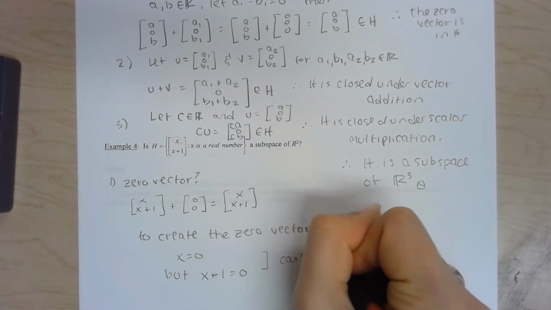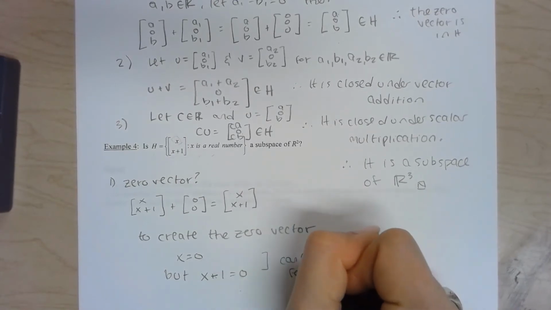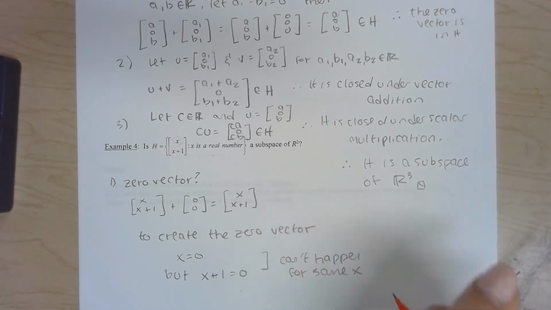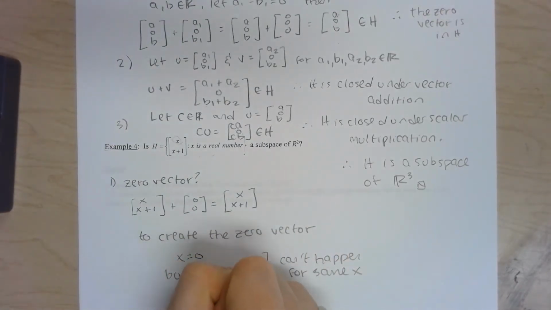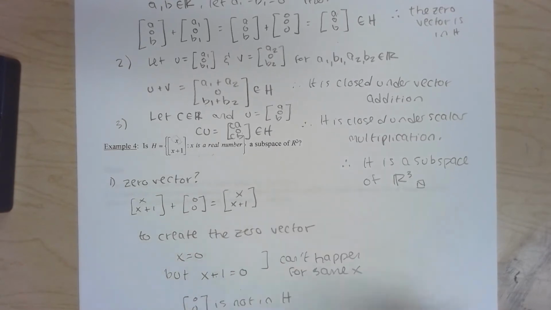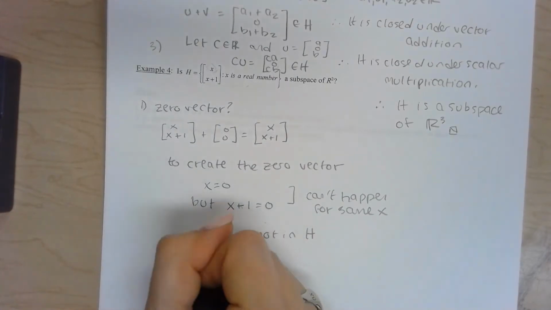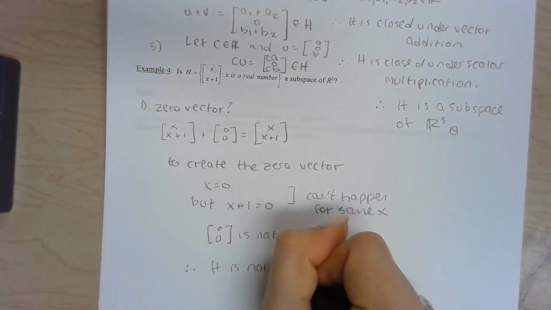That can't happen for the same x. Okay, so 0 vector is not in H. Therefore H is not a subspace.